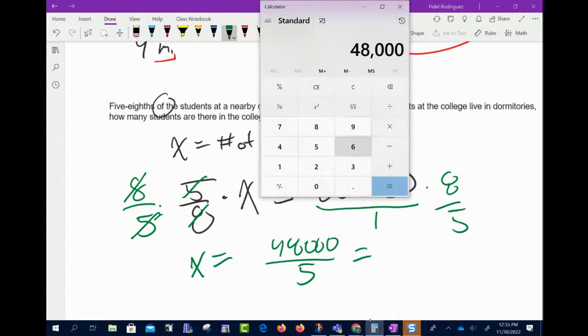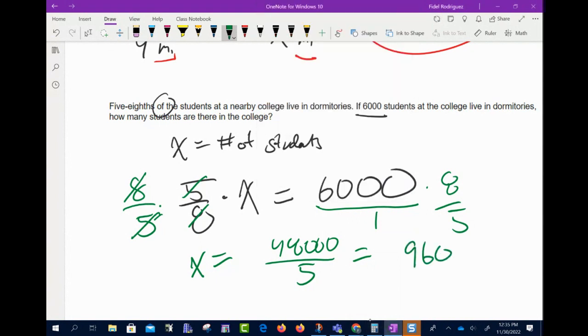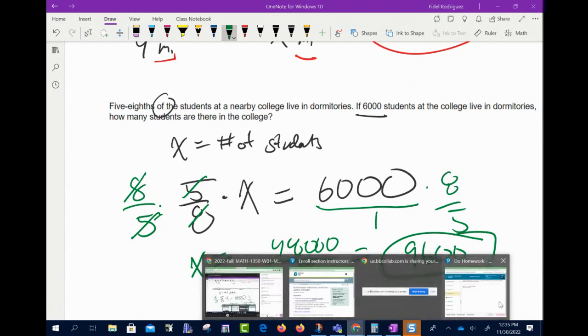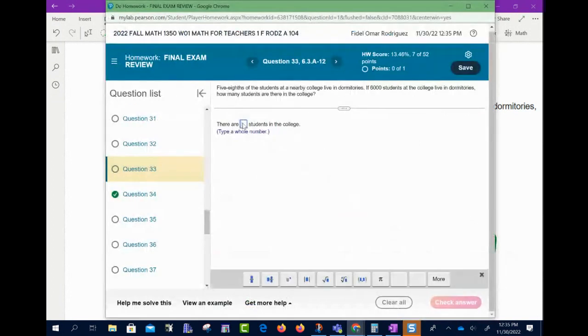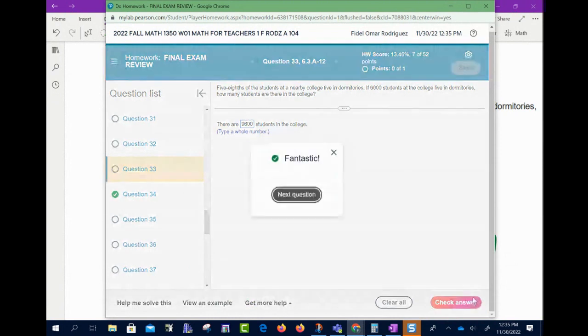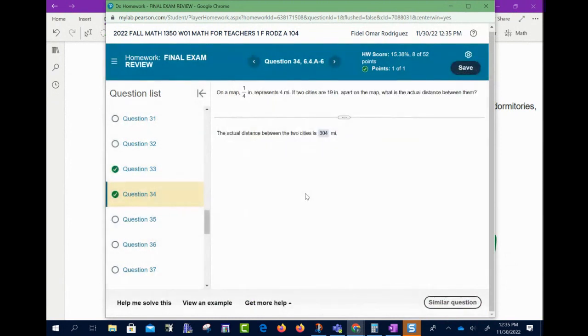So 48,000 divided by 5 is giving me 9,600. So 9,600 students are going to this particular college. So I'll come back over here and write in a 9,600. There we go. And we got it.